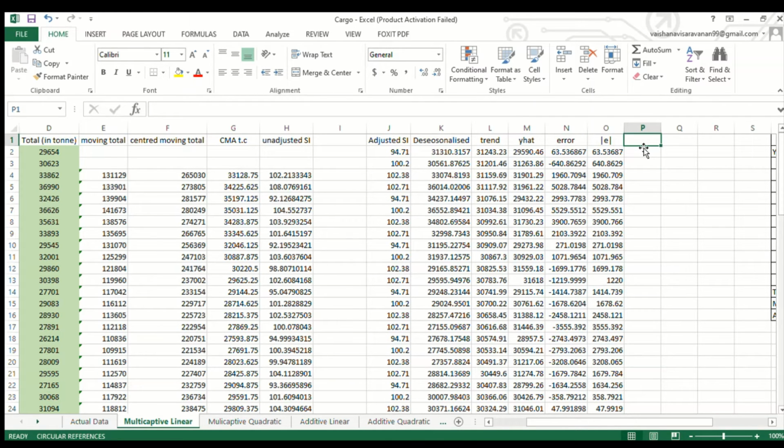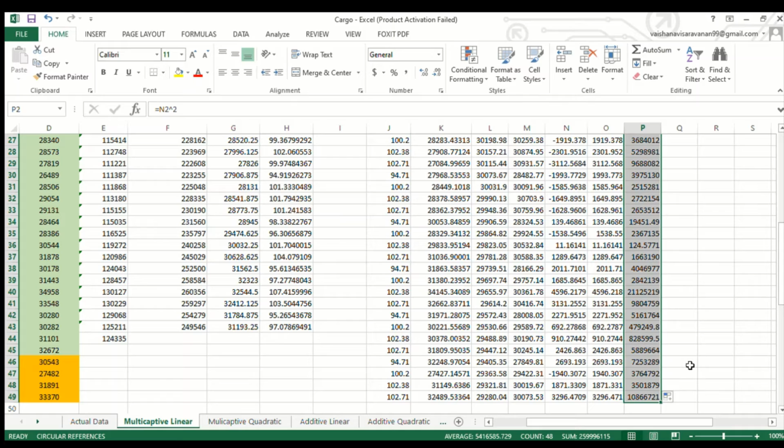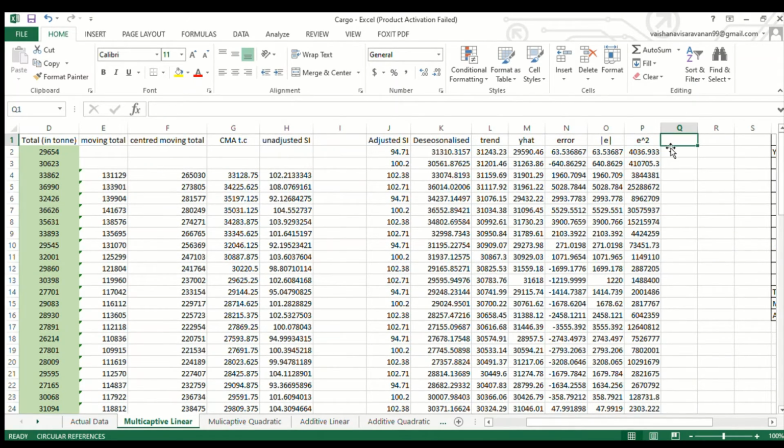After that, we need to get the error square value, which is e to the power of 2, equals error power of 2. Last but not least, we are going to get the value of APE, which is the absolute value of E divided by Y percentage.